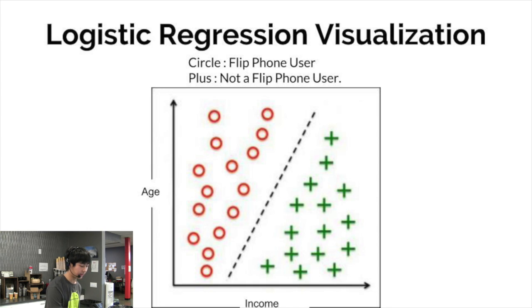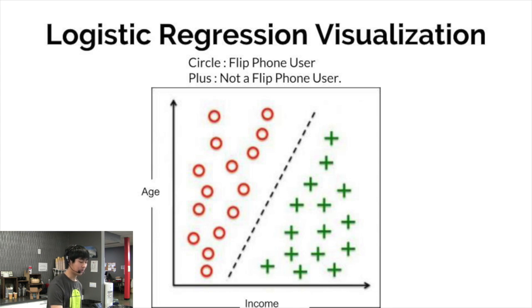Here we see a boundary that distinguishes our guess of flip phone users and non-flip phone users. Everything to the left of this boundary we classify as a flip phone user, and everything to the right as a non-flip phone user. That represents boundaries.